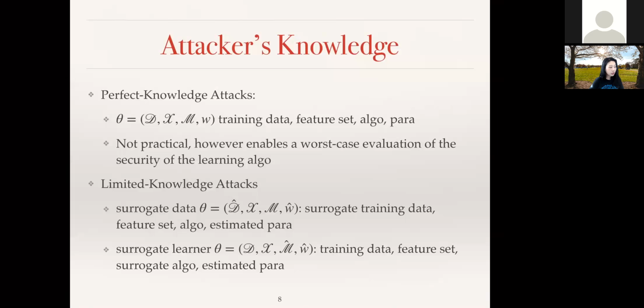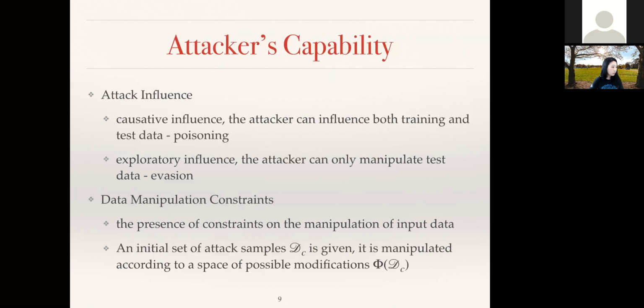There is this perfect knowledge, which is not very practical, but is a worst-case evaluation of the security of the learning algorithm. There is also the limited knowledge attack, which is more realistic. Surrogate data scenario and a surrogate learners scenario, both are pretty common, as you can imagine, in practice.